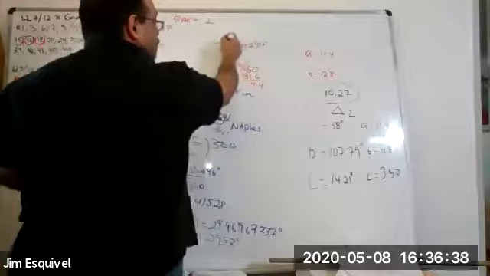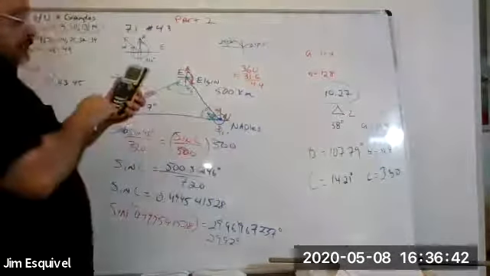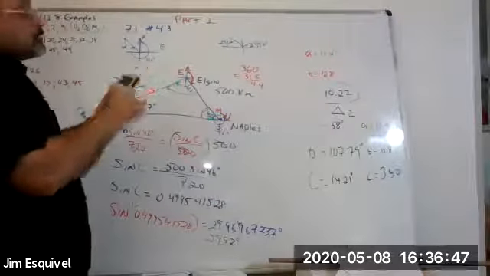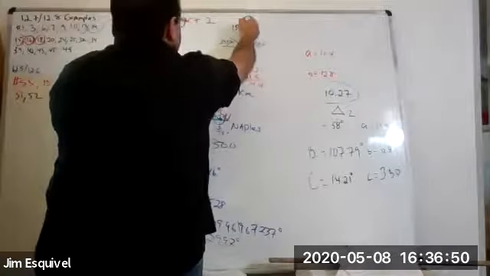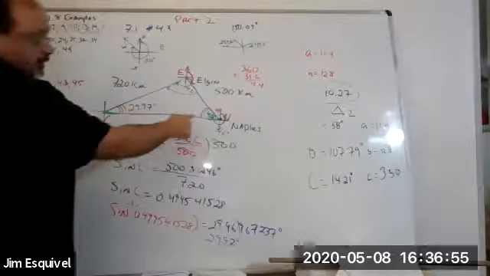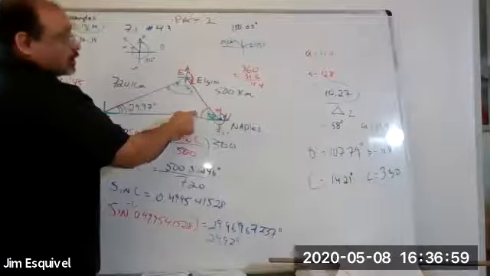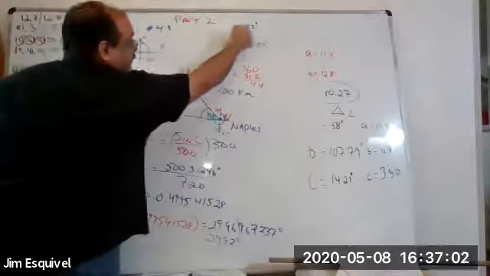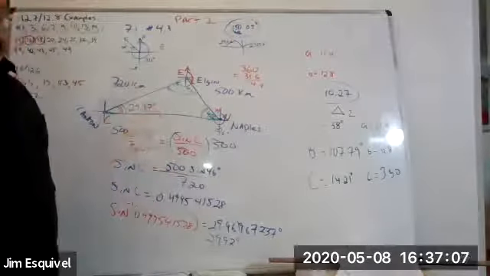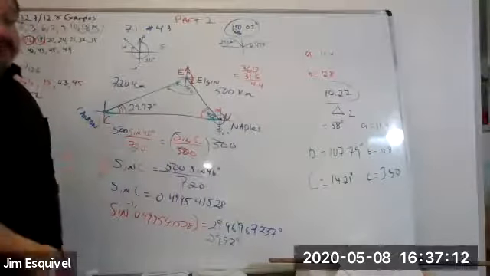So quadrant 2 would be 180 minus 29.97. So that's 150.03 degrees. Could you put 150 together with 46 and make a triangle? No. So that's why this is not a 2 triangle case.